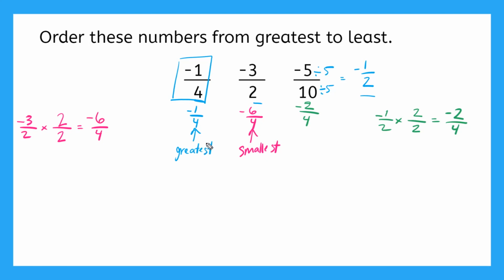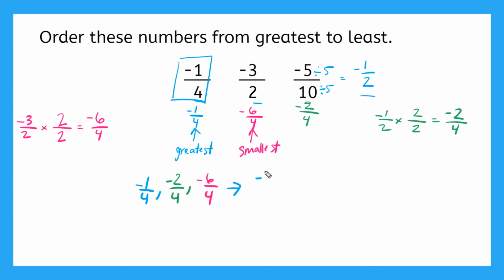So now we could order these, right? My greatest one is negative 1/4. And then what comes next? Yeah, that middle one, negative 2/4. And then which one did I say is my smallest? Yep, negative 6/4. But I can rewrite these now as my equivalent fractions.